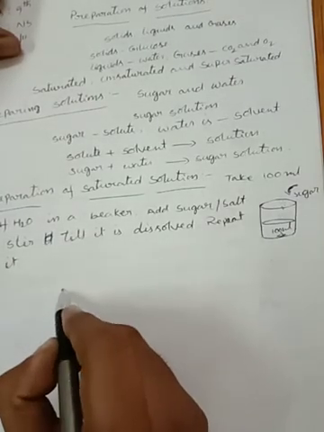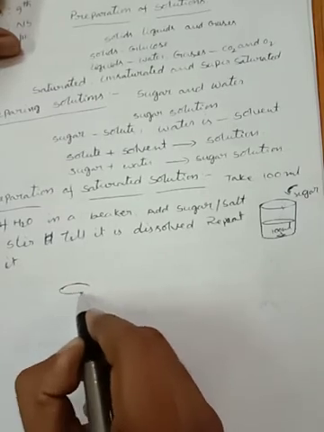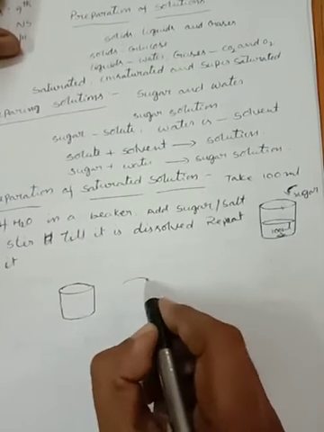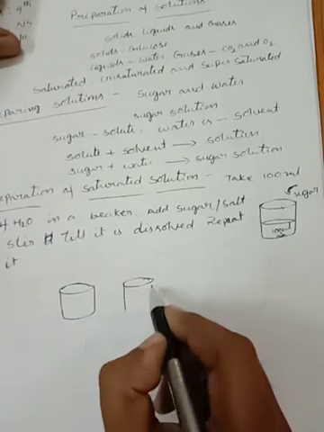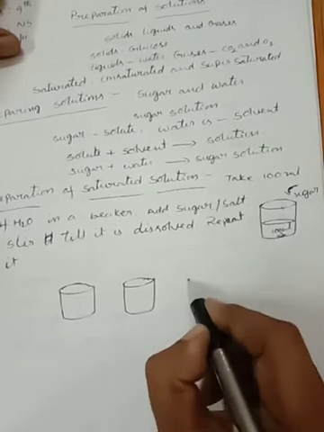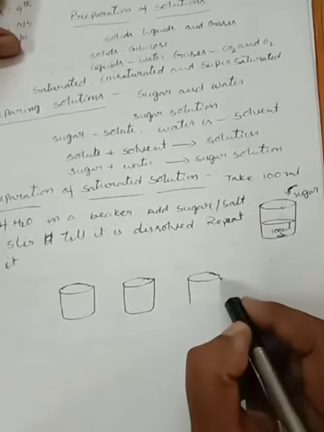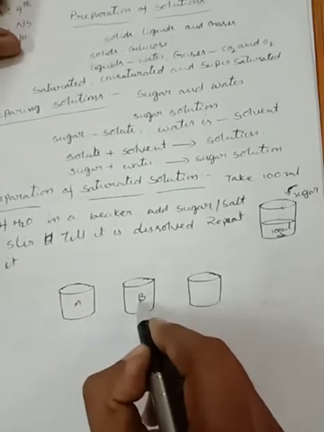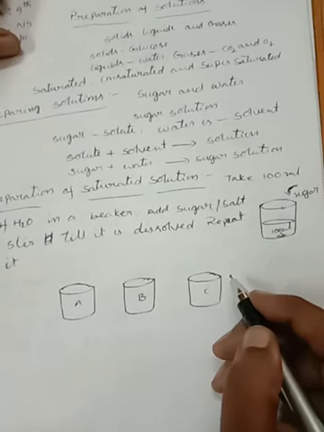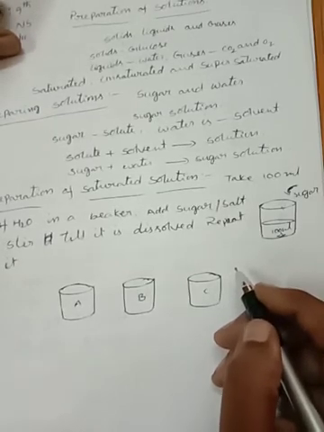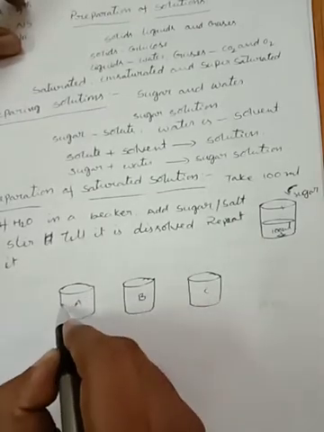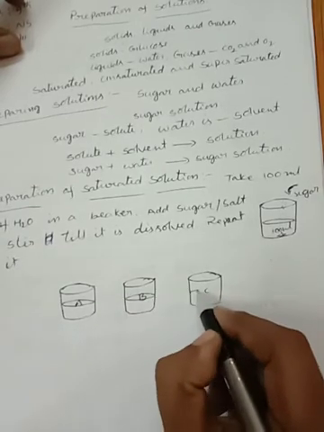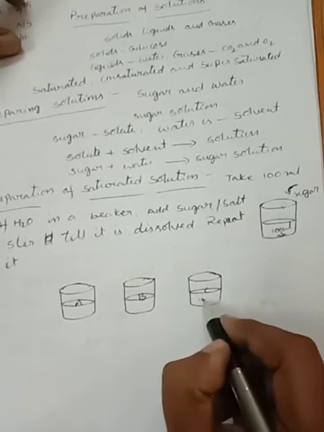Take 3 beakers: beaker A, beaker B and beaker C. Take 100 ml of water in each beaker, so the water quantity is equal in all 3 beakers.